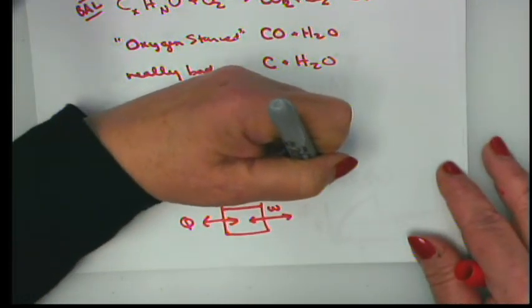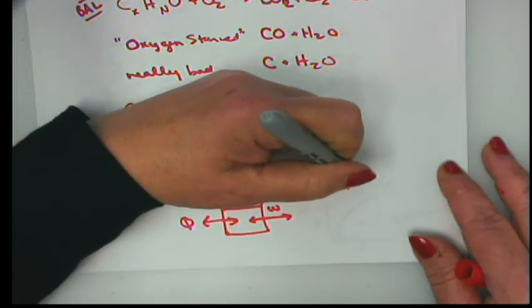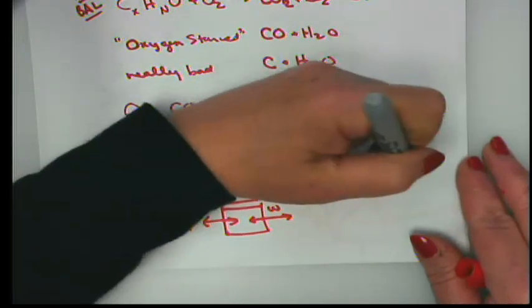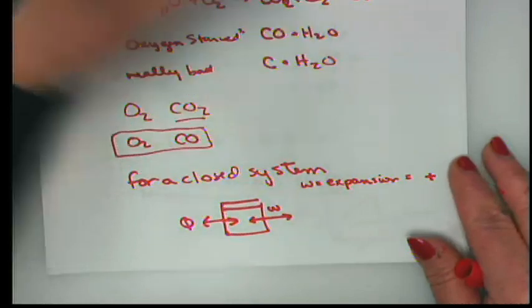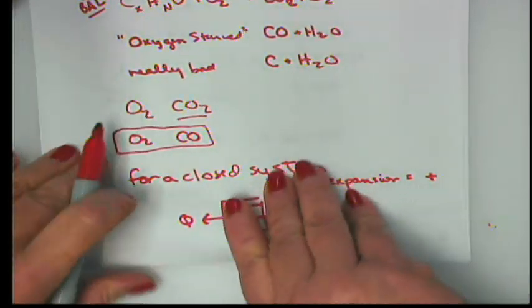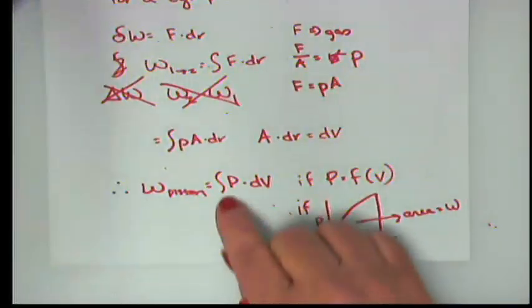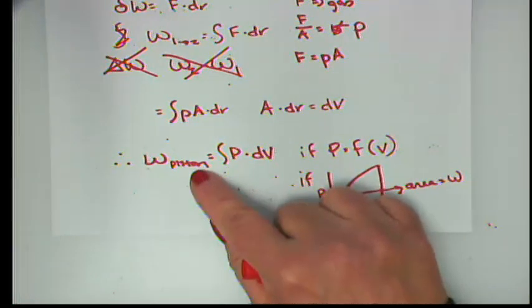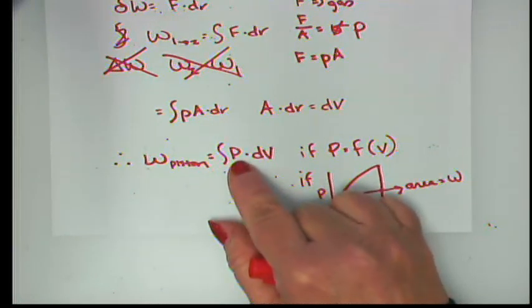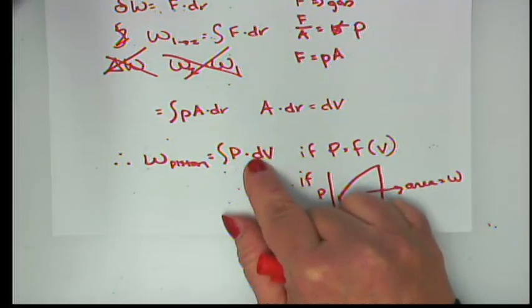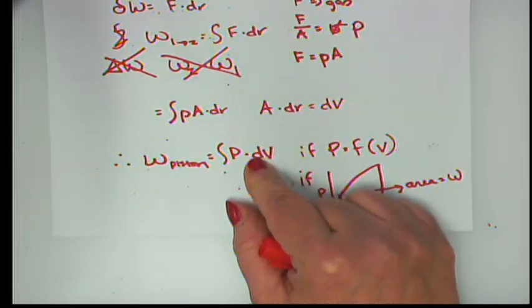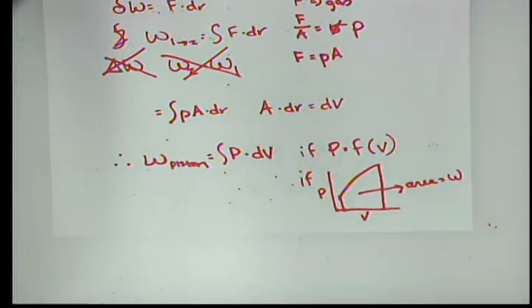For work, an expansion is positive work. And you can see that from the integral that I drew for the work done by a piston. Pressure, we're talking about absolute pressure, so it's always going to be positive. So if dV is positive, meaning an increase in volume, that's positive work. If dV is negative, meaning a compression, then it would be negative. So there's the sign convention for work.